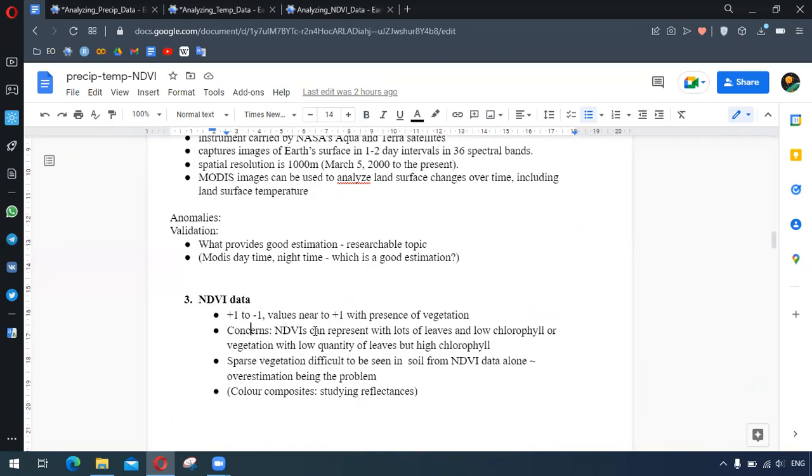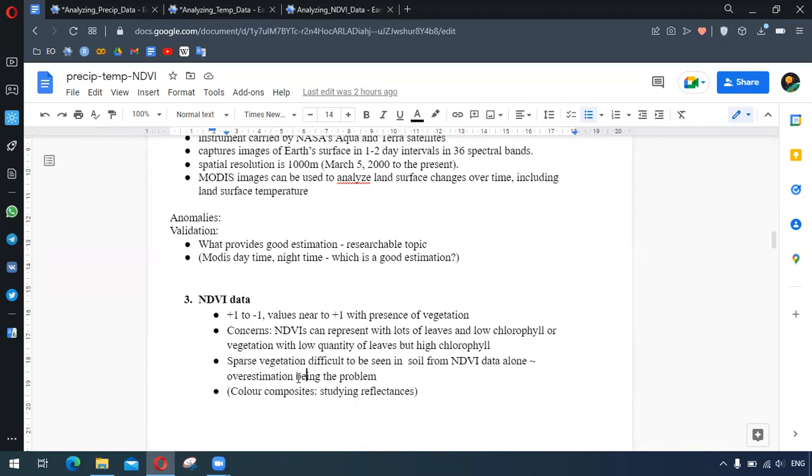For example, NDVI can represent lots of leaves but low chlorophyll, or there can be vegetation with a low quantity of leaves but high chlorophyll. And in areas with sparse vegetation, using NDVI cannot be helpful for estimating the vegetation because it results in problems of overestimation.